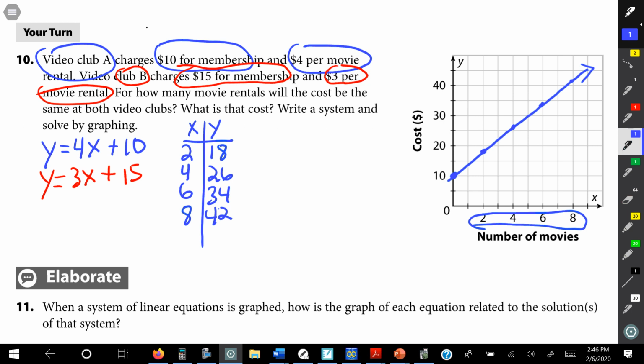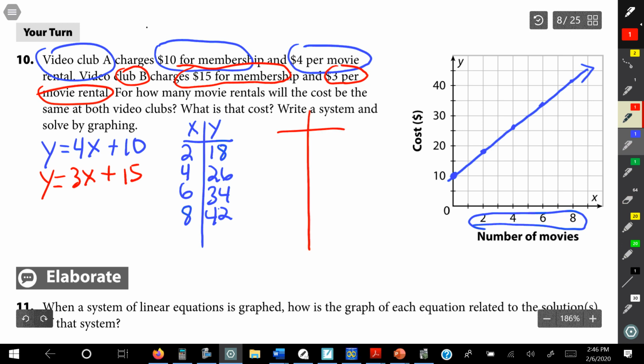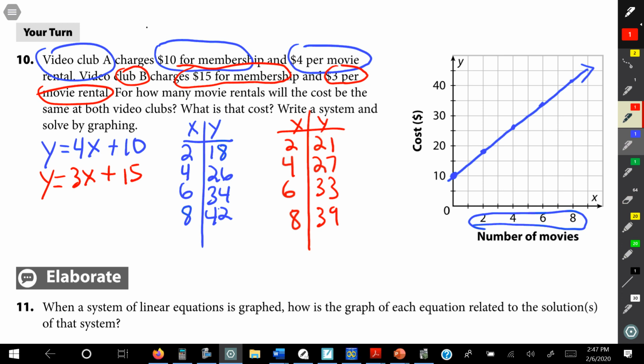All right, now we're going to do Club B. For Club B, we're going to use the same x, which is 2, 4, 6, and 8. And when I plug those numbers into that equation, I get 21, 27, 33, and 39. All right, now I'm going to graph those. So I'm going to start off at 15. It starts off a little higher. But at 2, I'm at 21.